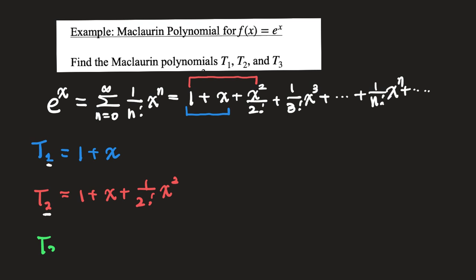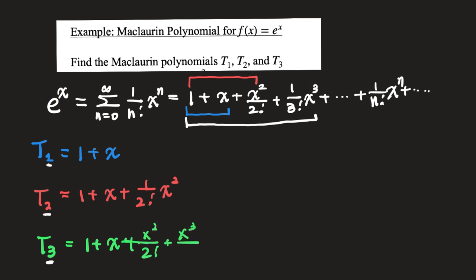Now T3 is degree 3, so you take from the constant term up to degree 3. That's 1 plus x plus x squared over 2 factorial plus x cubed over 3 factorial. That's what we call the Maclaurin polynomials of degree 1, degree 2, and degree 3.